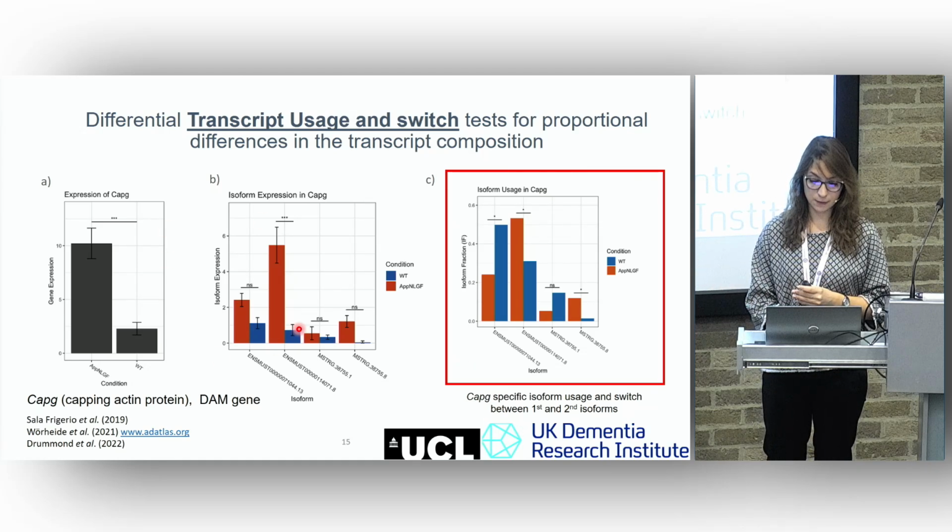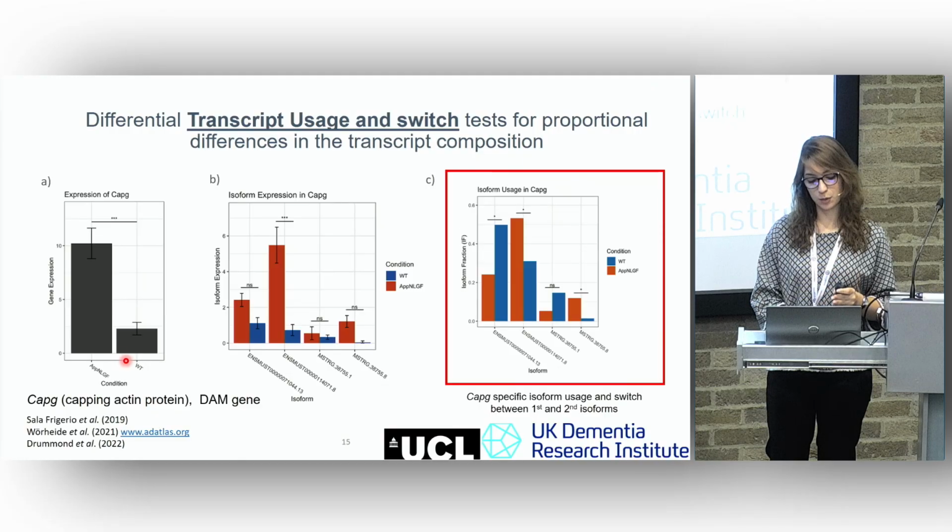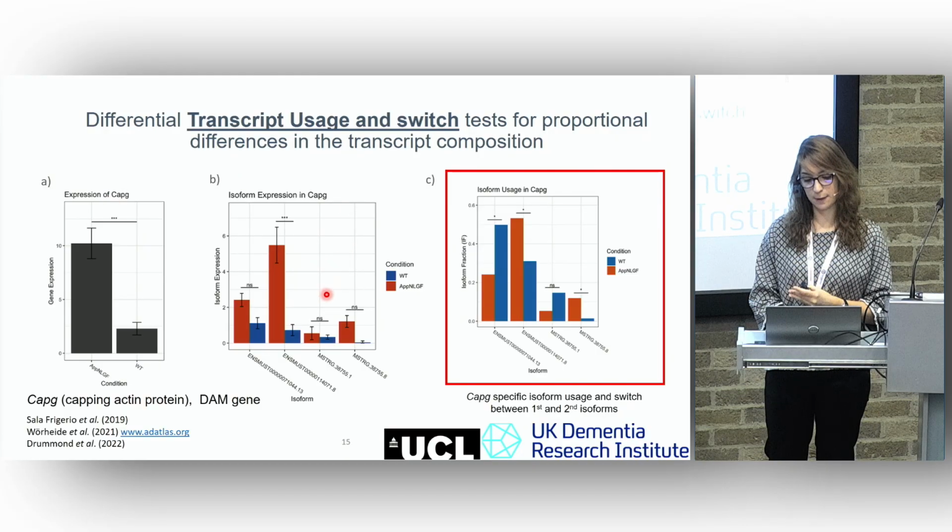So this is a different gene, CAPG, a capping actin protein. This is a disease-associated microglial gene and also has expression in human AD. So we did have that information on the gene level. Now I am showing you more specific information about CAPG, which isoforms are up, and whether there are any patterns that we cannot see with the isoform usage.